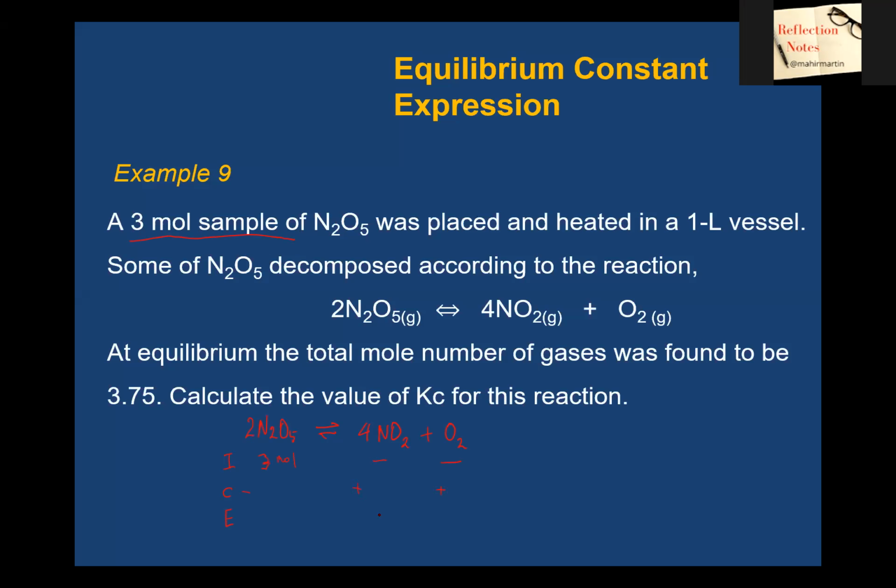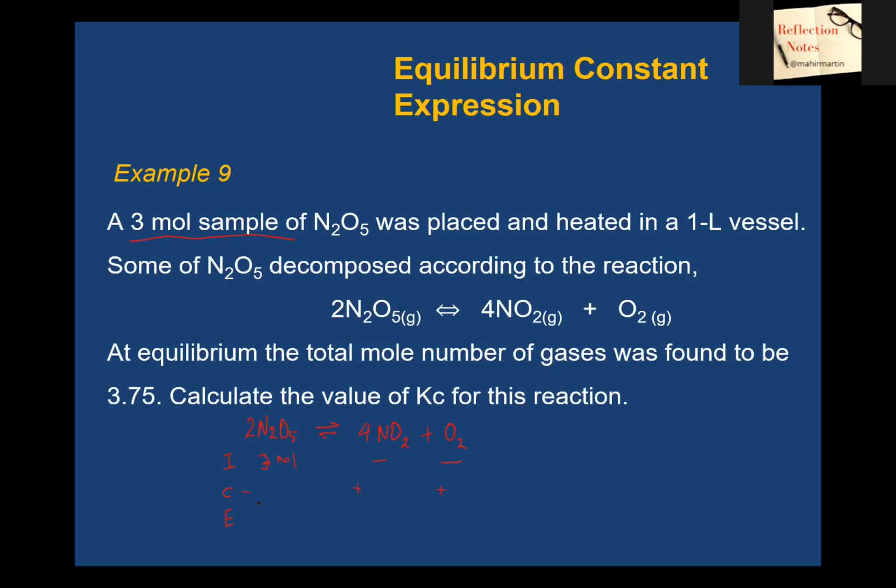Now here it says that some of N2O5 decomposed, but we don't know how much it will be decomposed. It means that we will not find the change because the percentage or any amount of substance is not given. So what should we do if it is not given?